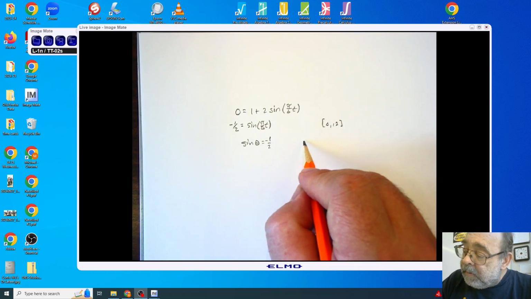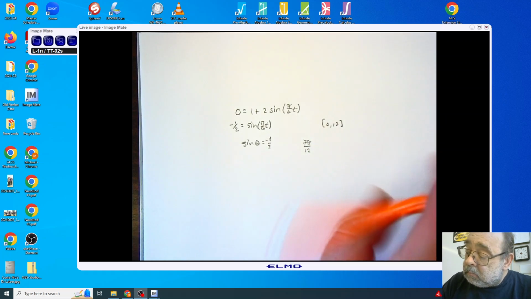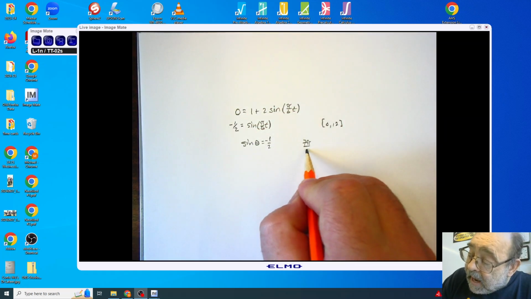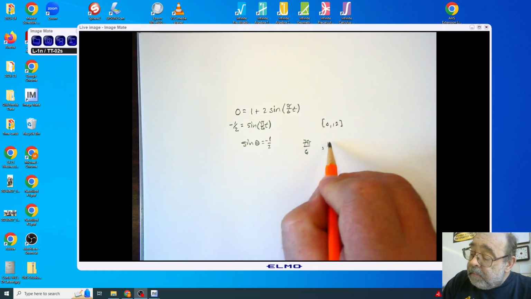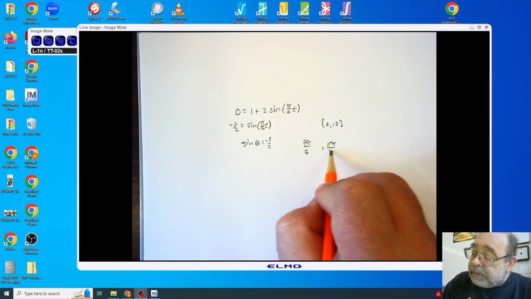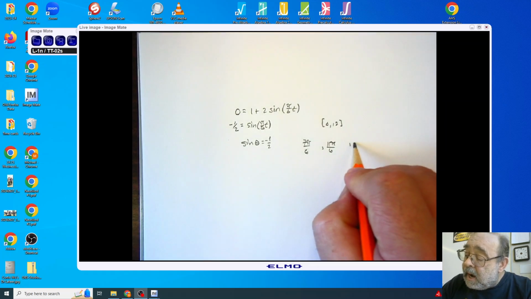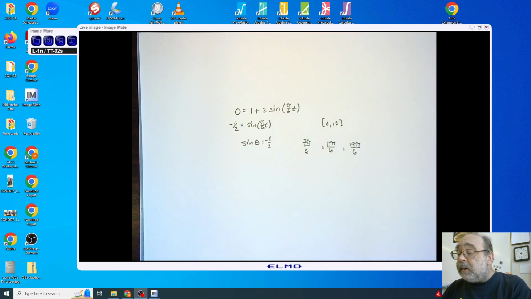I then know that 7 pi over 6 is definitely negative and is between 0 and 12. 11 pi over 6 is also negative 1/2 and will also be between 0 and 12. But there is one additional value, and that's 19 pi over 6, and that will also be under 12.